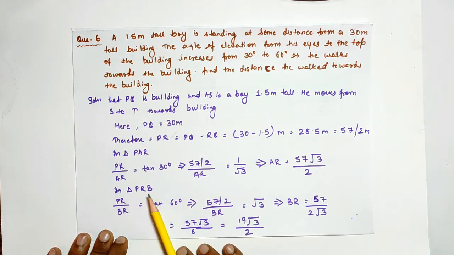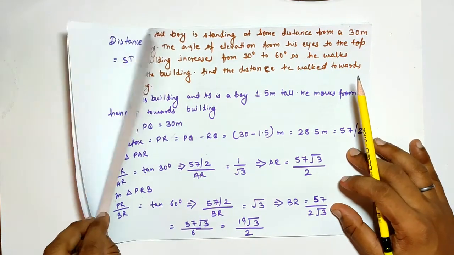In triangle PRB, PR upon BR is equal to tan 60 degree. We get 57 upon 2 upon BR is equal to root 3. BR is equal to 57 upon 2 root 3, which is equal to 57 root 3 upon 6, which is equal to 19 root 3 upon 2.